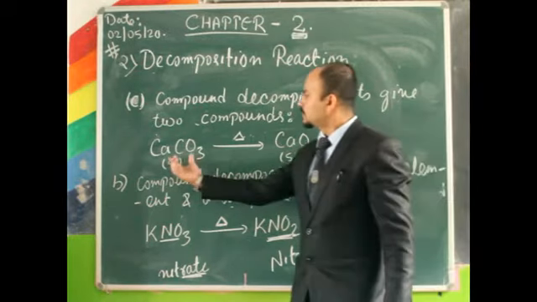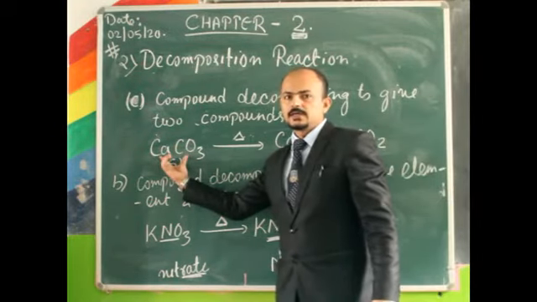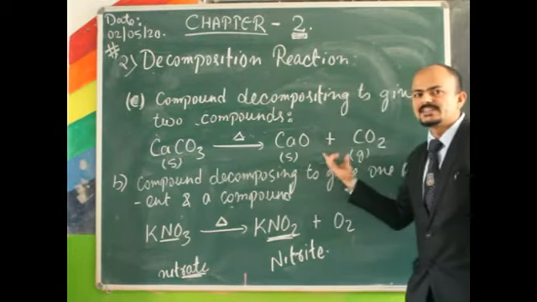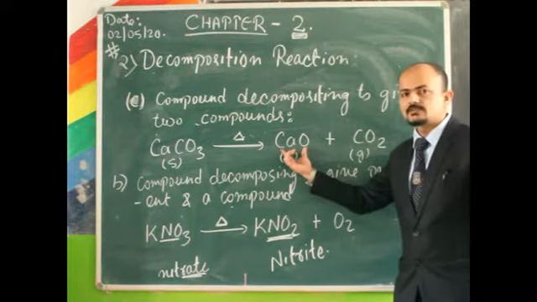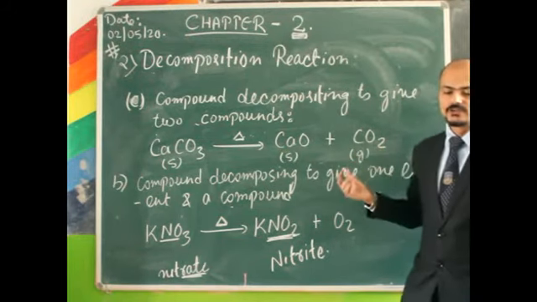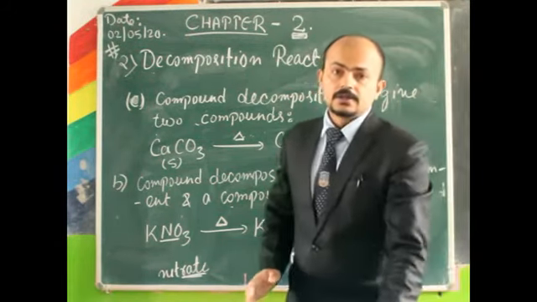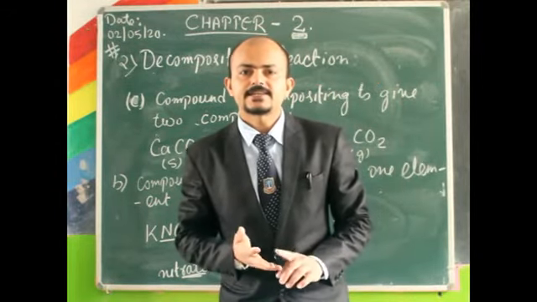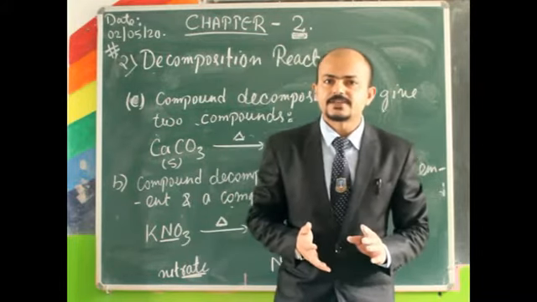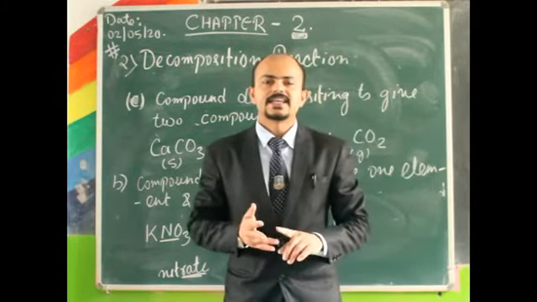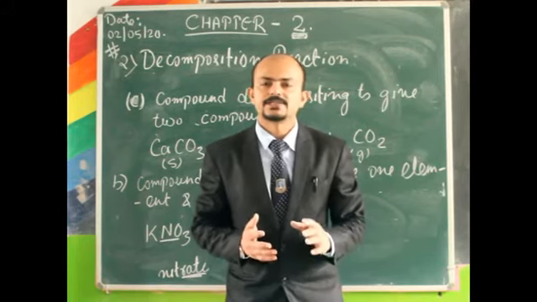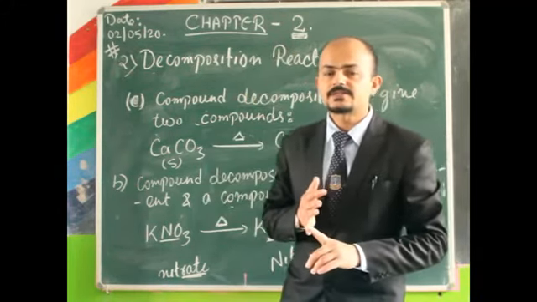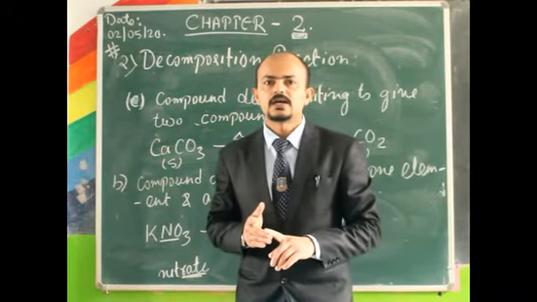So see, this one particular compound, whenever it is heated, decomposes to give two different compounds. One is calcium oxide, another one is carbon dioxide. So generally, decomposition reactions take place in presence of heat, electricity or light. Please remember that. Okay? So three conditions are either presence of electricity, heat or light.